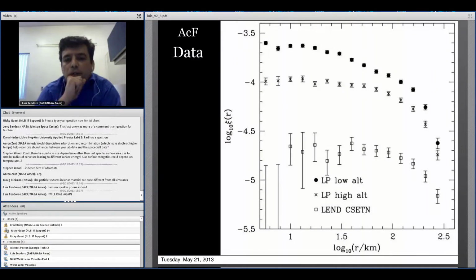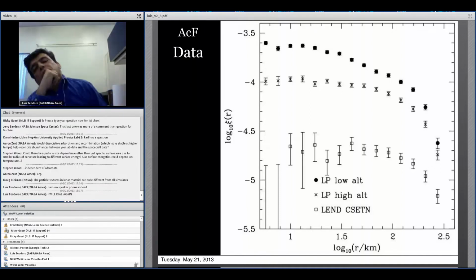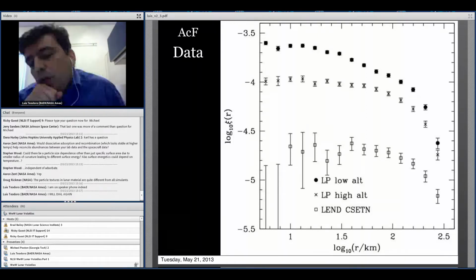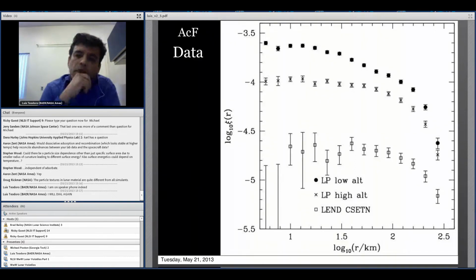So the two-point correlation function looks like this. The very top one is the lunar prospector, low altitude. The second from the top is the lunar prospector at high altitude orbit. And the one at the very bottom, or the lowest, is the LAND collimated data.